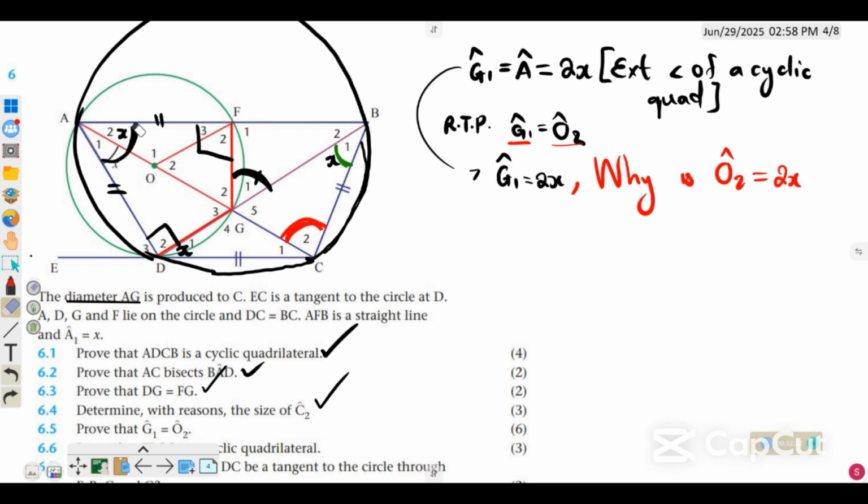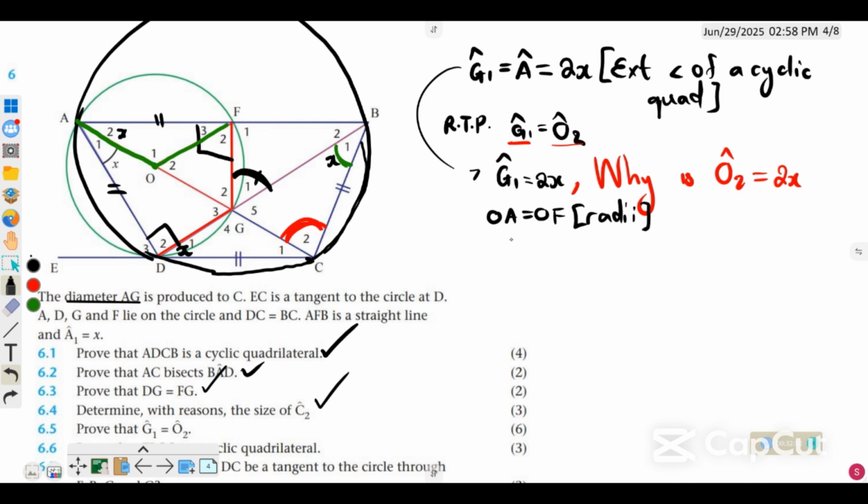Right, let's go back. If you look at that smaller circle there, this is a radius. This is a radius right here. This is also a radius. This allows us to conclude the following. We first have that OA is equal to OF. That's radii, right?